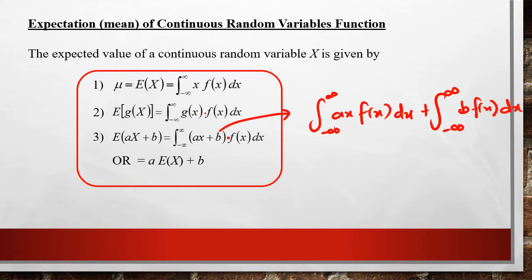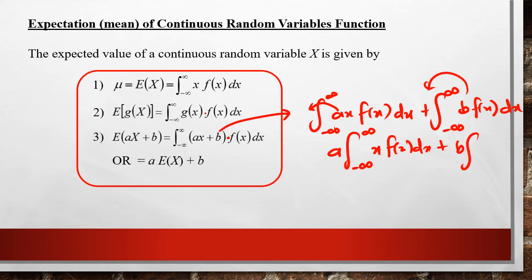Okay, so we can factorize out the a as a constant. So the integration left here is from negative infinity to infinity of x f(x) with respect to x, and then we can also factorize out the b, so b multiplied by the integration of f(x) with respect to x from negative infinity to infinity.